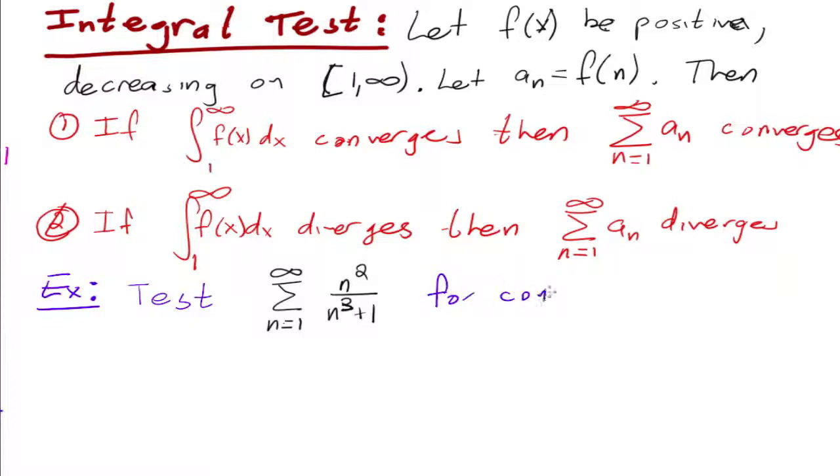So what do you guys think about that? Does that fit into any of the categories that we've seen so far? Is it a geometric series? Is it a telescoping series? Can we use the divergence test?